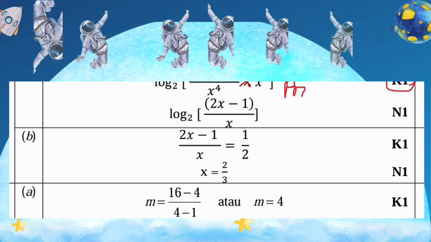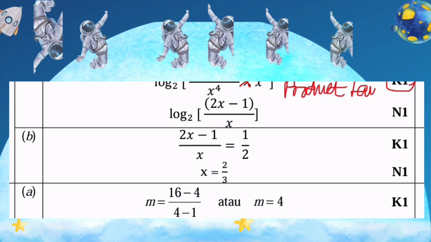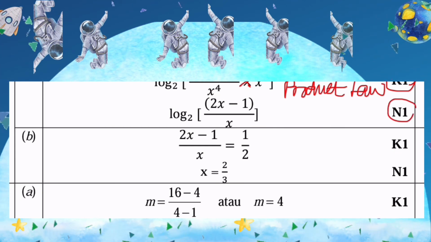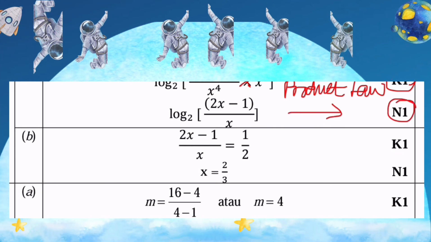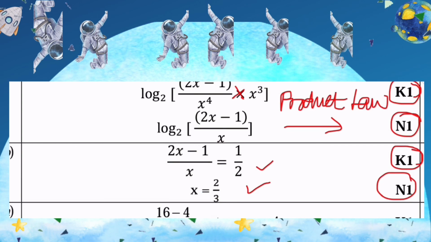The steps are very important. You must also know how to use the product law to combine the logs into a single logarithm. And then finally for part B, you just equate 2x minus 1 over x to 1 over 2, and you solve for x.